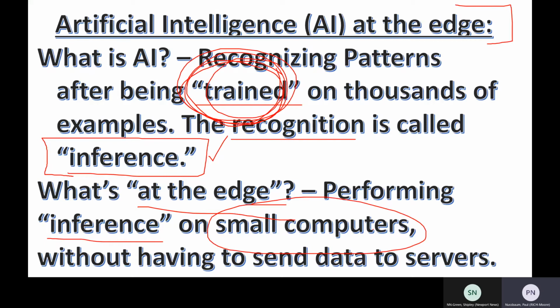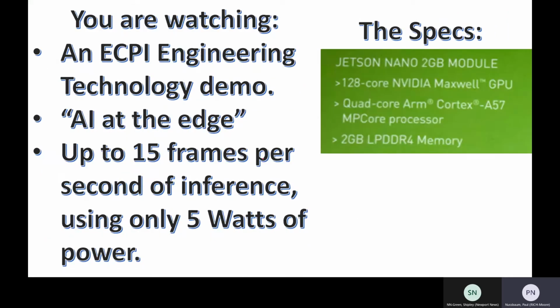Why? Because when you're driving down the road at 80 miles an hour, you really don't have time to send all the camera data back to the server to figure out that you're coming up against an obstacle in the road and you need to hit the brakes. So it is very, very important to do this inference very, very fast.